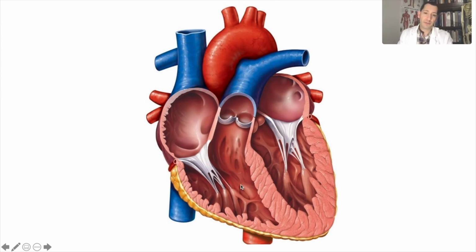Then what happens? Do the ventricles contract yet? No, not yet. We need 100%. Then the last 25% is ejected out of the atria due to, now we call it atrial systole, atrial contraction. The atria change and go from relaxation to contraction, pushing the last 25% into the ventricles.